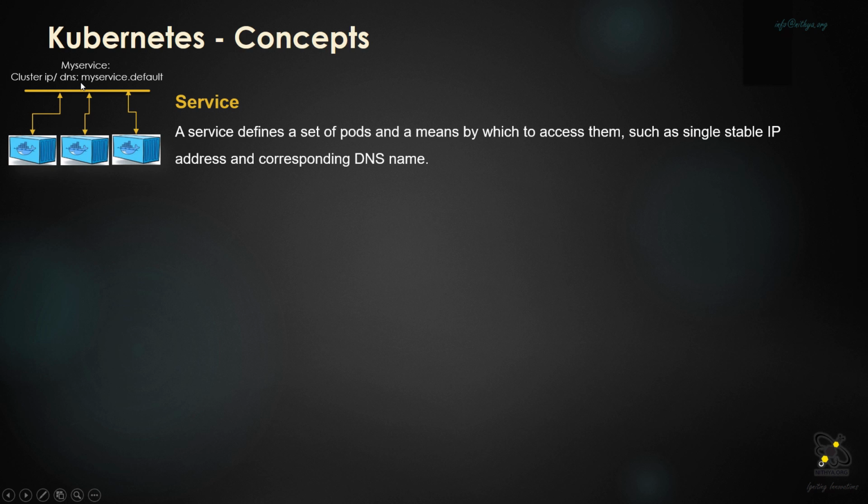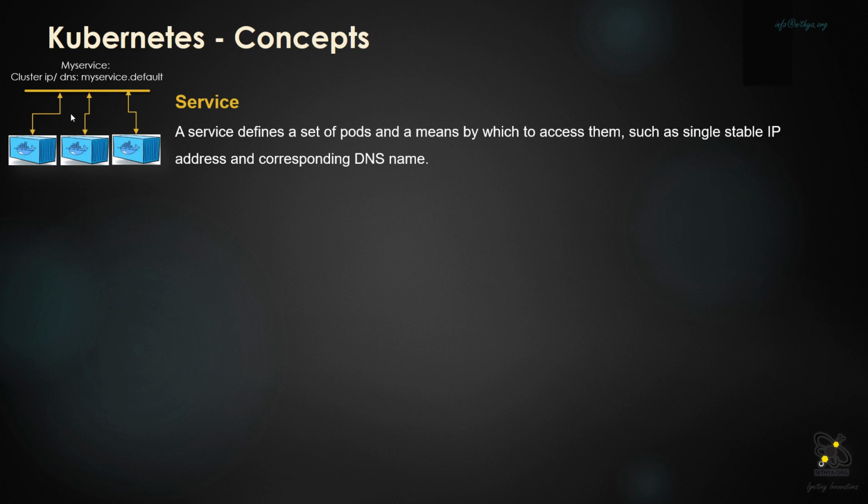For example, I am running my service as a load balancer to point towards any of the pods running under the name of my service. So you can access the service via cluster IP or DNS. Definitely it will confuse you as of now, but while doing the hands-on lab, you will easily understand. You can easily remember it as a load balancer.